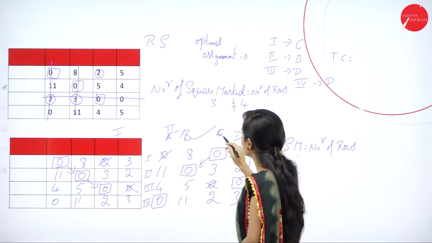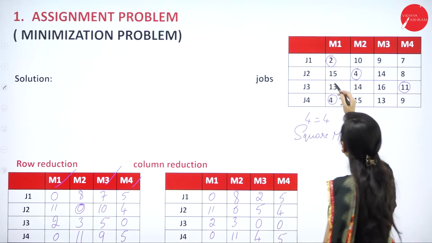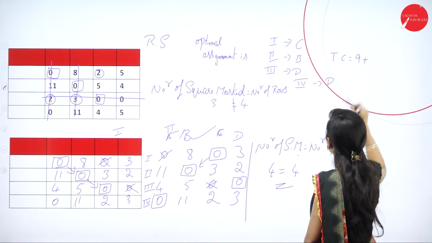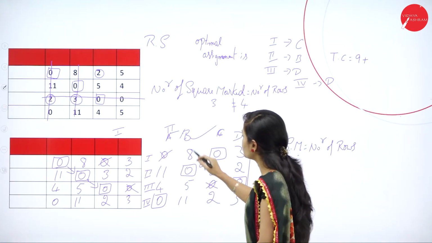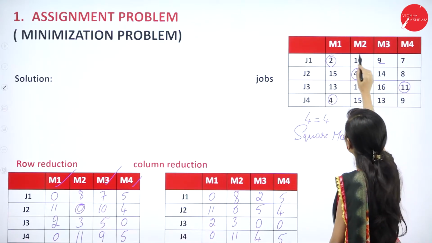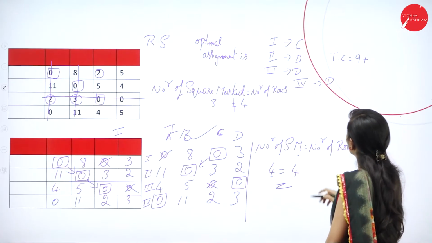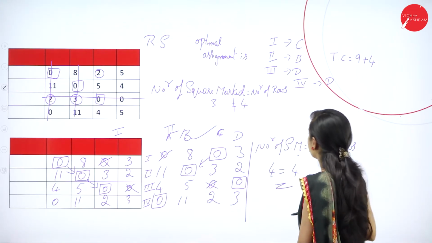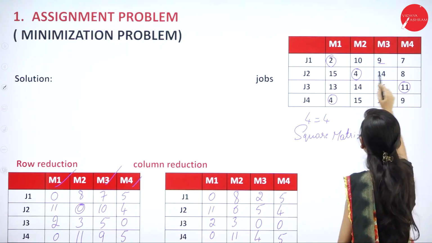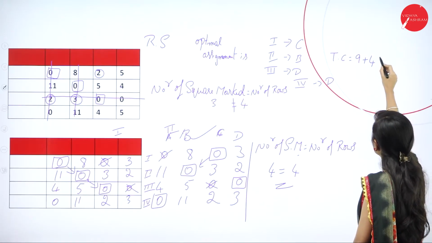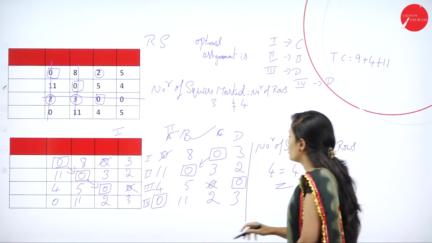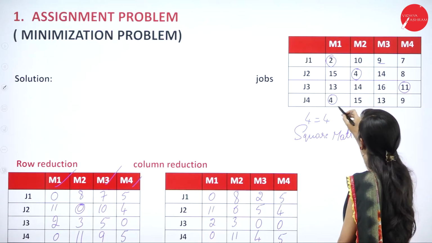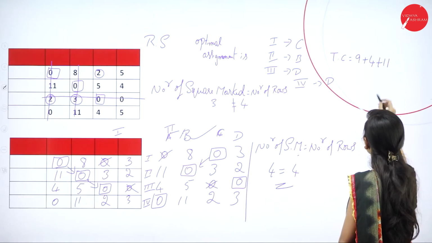So 1 to C. What is the original value of 1 to C? That is 9. 9 plus the next value is 2 to B, job J2 to machine M2, it is 4, and 3 to D. 3 to D means J3 to M4, it is 11, and the fourth one is 4 to 1. 4 to 1 means it is 4.